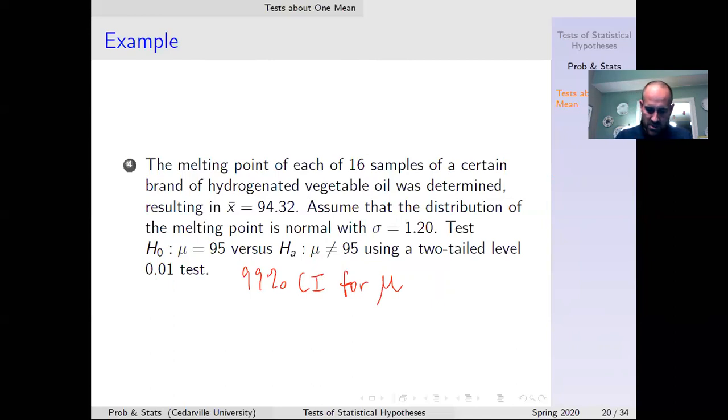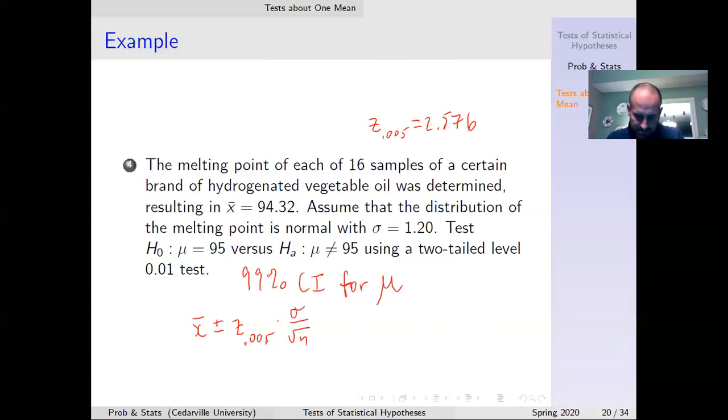Well, that's going to be x bar plus or minus z sub alpha over 2, which was z sub 0.005. Remember, we already figured out that was 2.576. Z sub 0.005 times sigma over the square root of n.